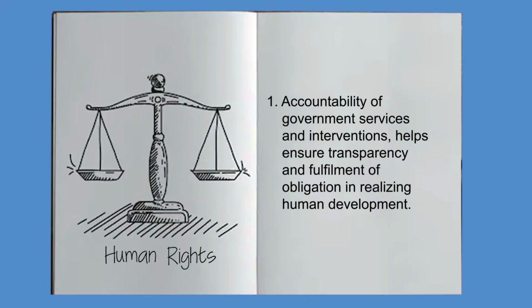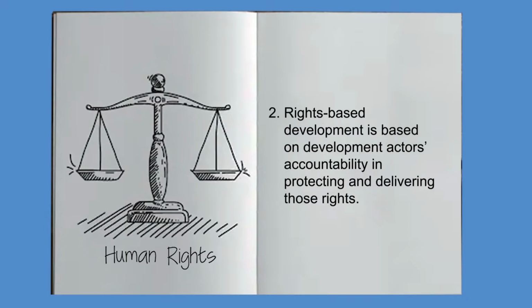Accountability of government services and interventions helps ensure transparency and fulfillment of obligation in realizing human development. 2. Rights based development is based on development actors' accountability in protecting and delivering those rights.